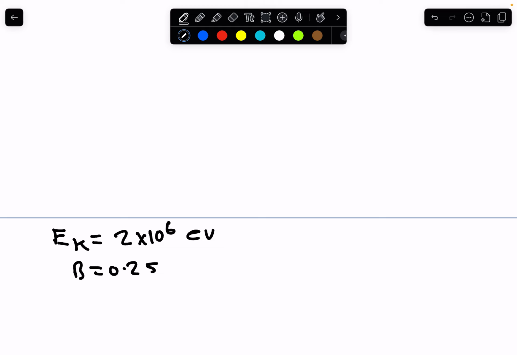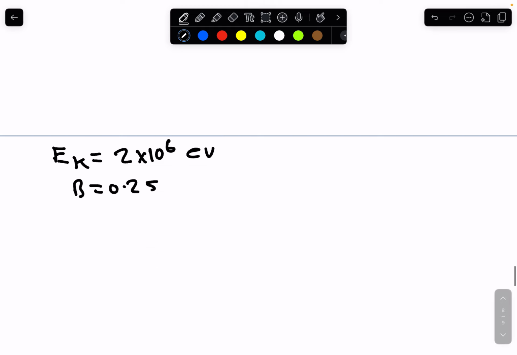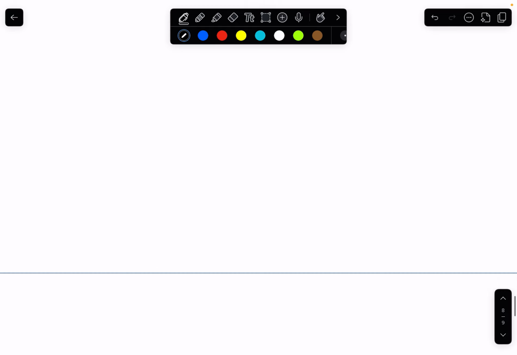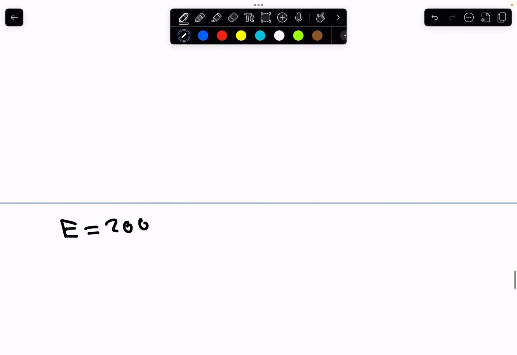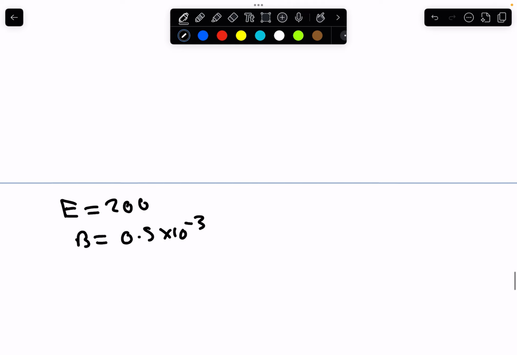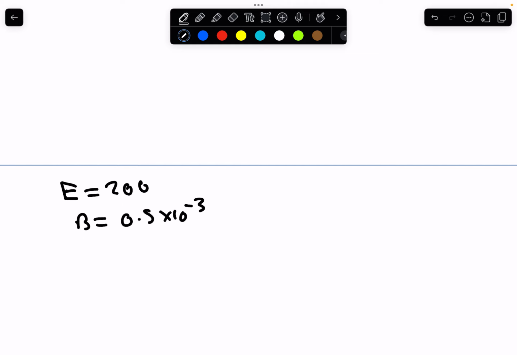A beam of electrons travels in a region with perpendicular electric and magnetic fields. The electric field is 200 volts per meter, so 200, and the magnetic field is 0.5 times 10 to the negative 3 Tesla. What is the speed of the electrons if they move undeflected?